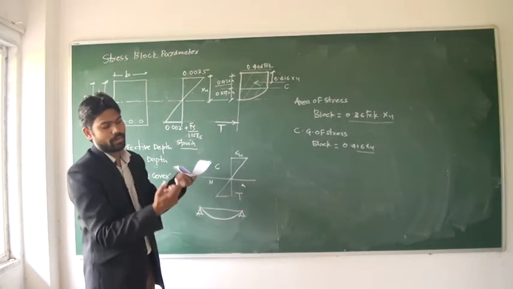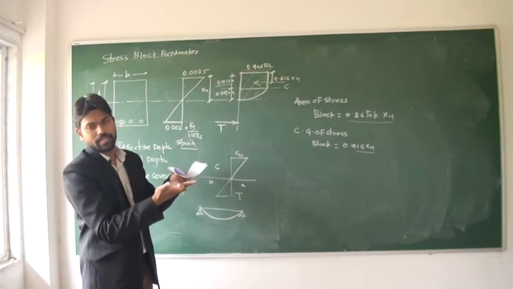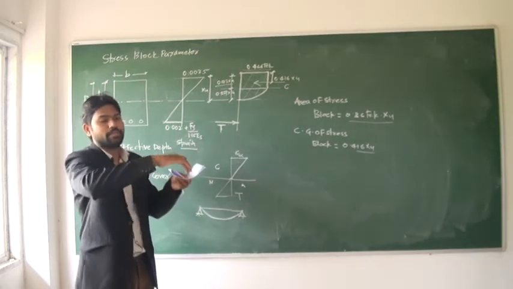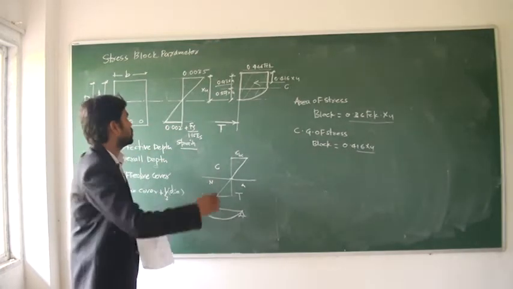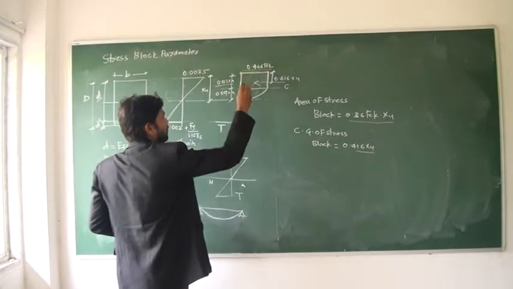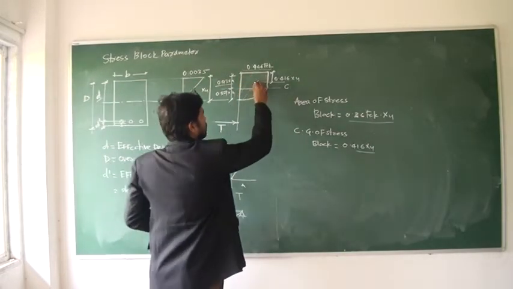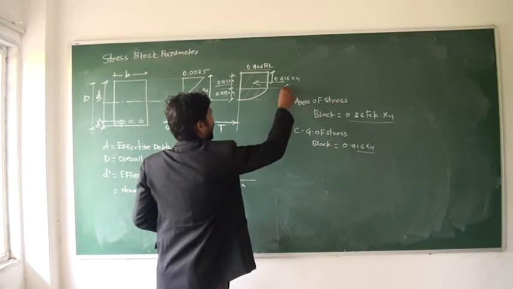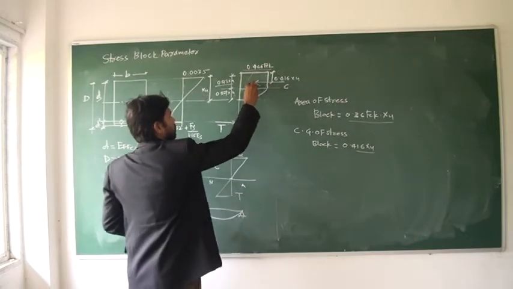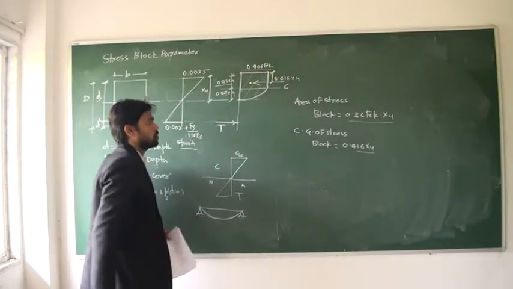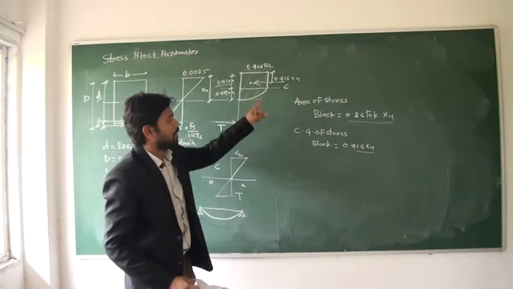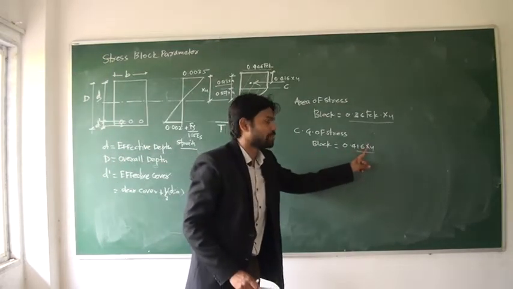So the top part will be in compression. This total compressive force will act through this CG, at a distance of 0.416 XU.